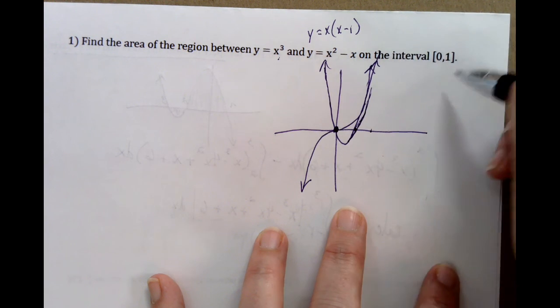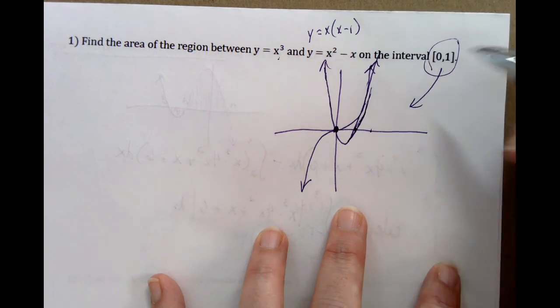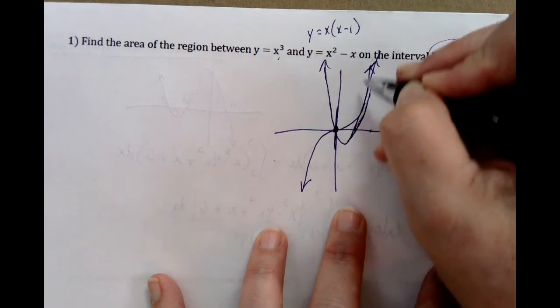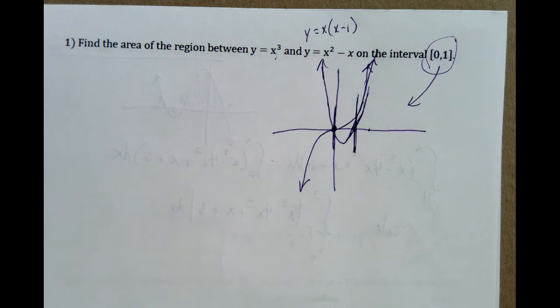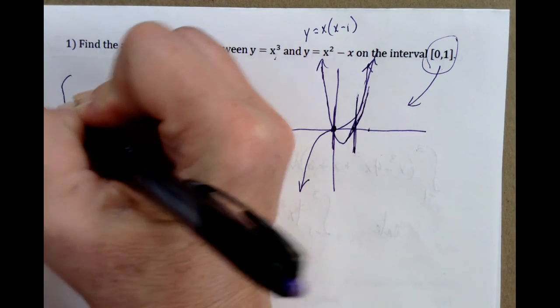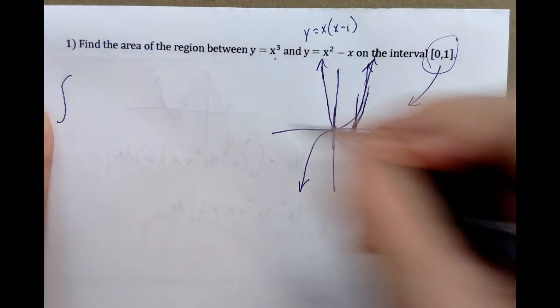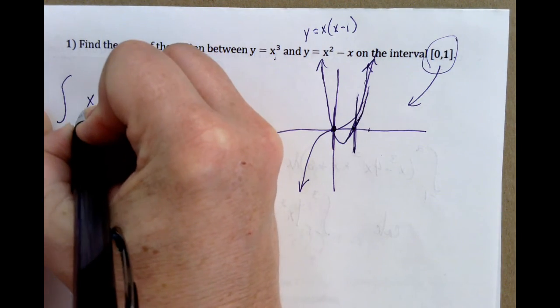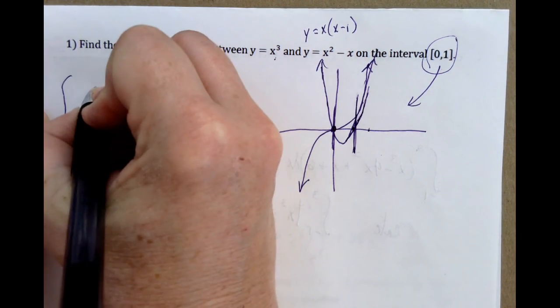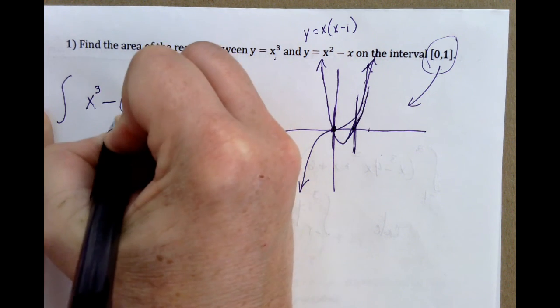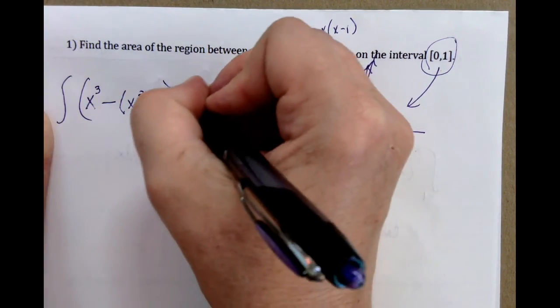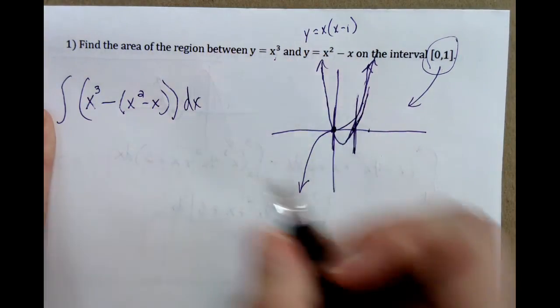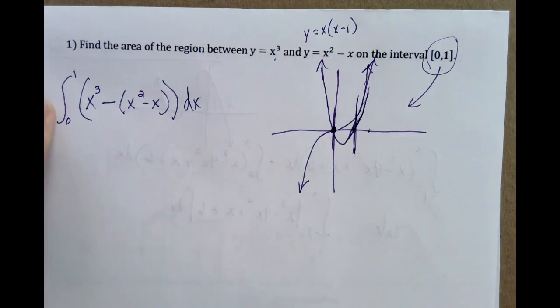And by the way, I am given a beginning interval and an ending interval. I needed to make sure they didn't intersect in between those. So, by hand, this is where you have to be careful: top minus the bottom, and I can go from 0 to 1 because there are no interruptions there.